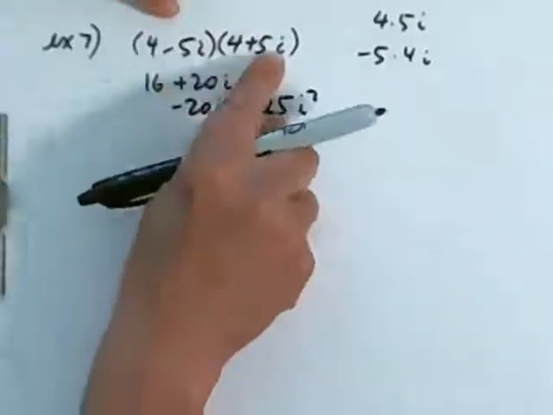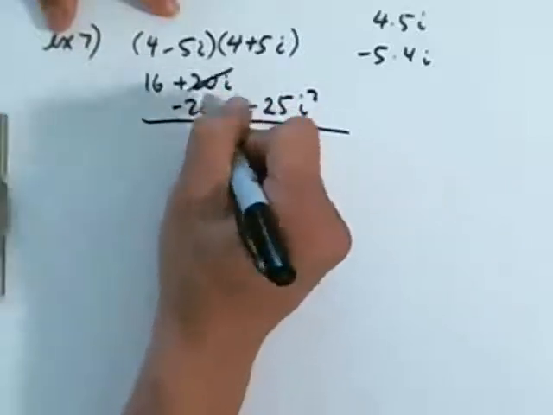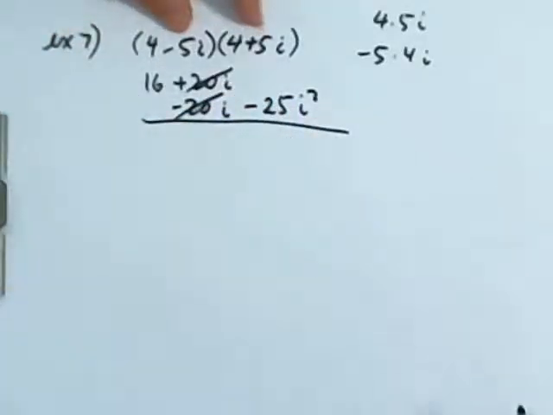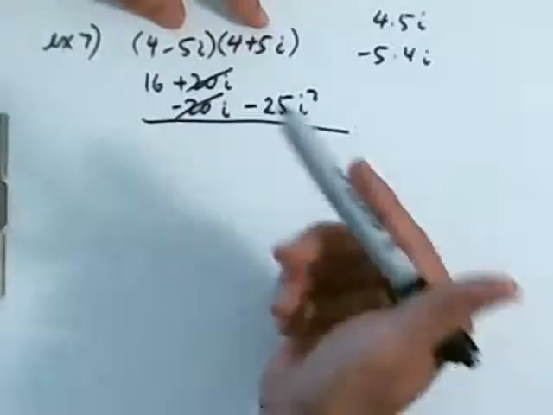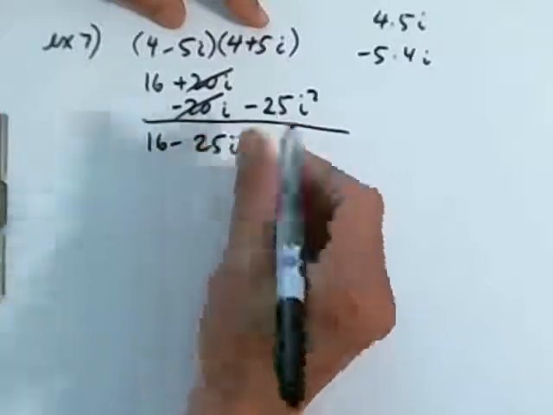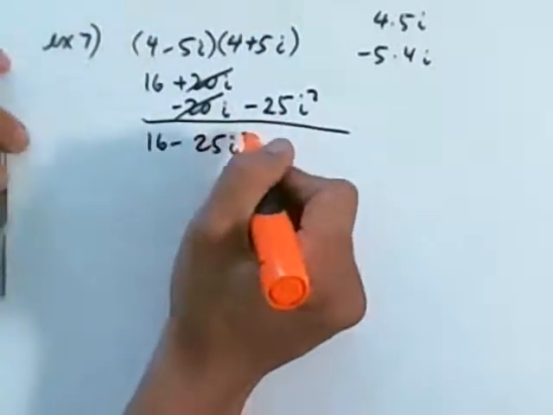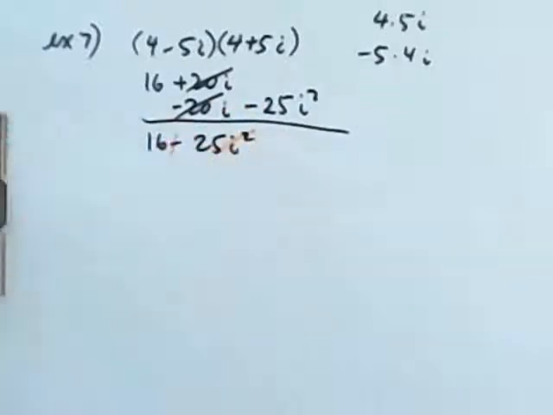Don't forget, i times i is i squared. What happens? The outer and the inner always cancel in conjugates. So you end up with 16 minus 25i squared. But we know that i squared is negative 1, so I'm going to use a nice orange marker for this. That becomes plus right there.